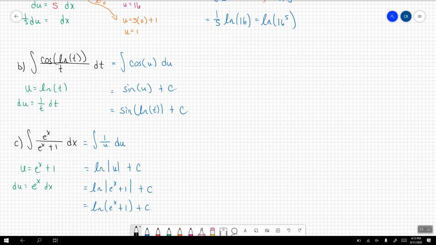Great. Now let's look at one more, and this is going to be part D. Part D, we want to evaluate the integral of tangent of x dx. Now notice, back in Calc 1, you did the derivatives of the trigonometric functions. However, we didn't visit the antiderivative for tangent of x, at least not in Calc 1.